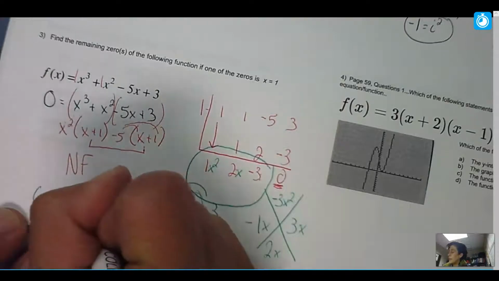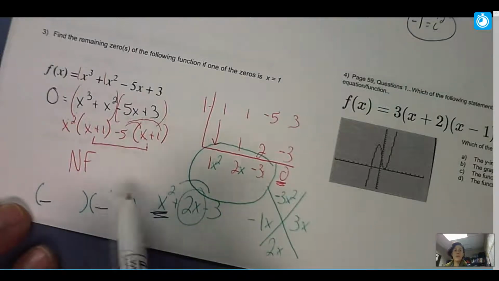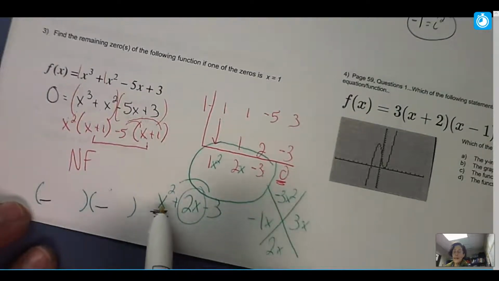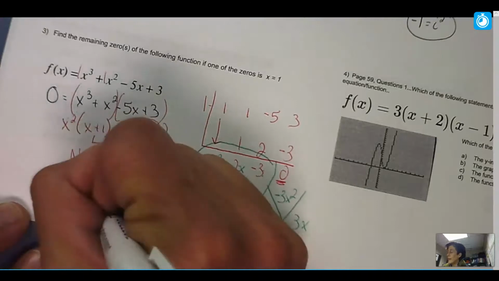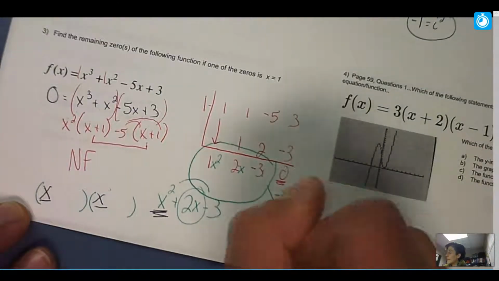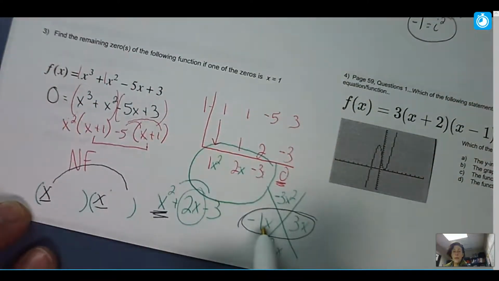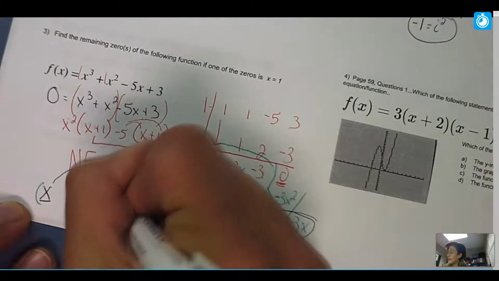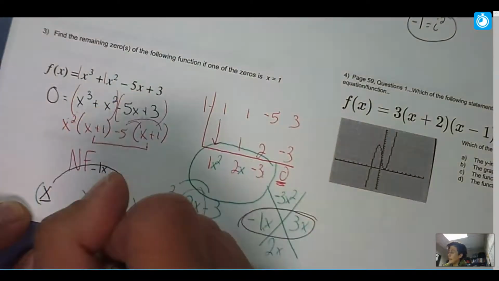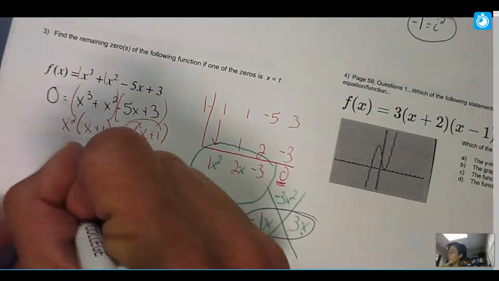I need a term here and a term here that when they multiply or distribute to one another, I get x squared, which would leave me with an x and an x. And then I'm going to focus on these side numbers. And can I take x and multiply it to something and make -1x, and that would be a -1. And then could I take x times something and get the 3x, and that would be a +3.